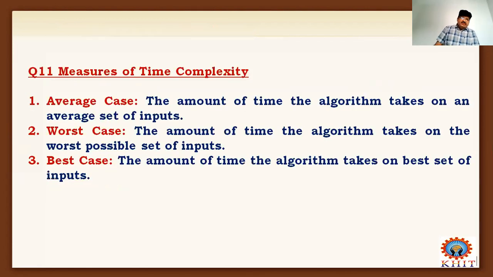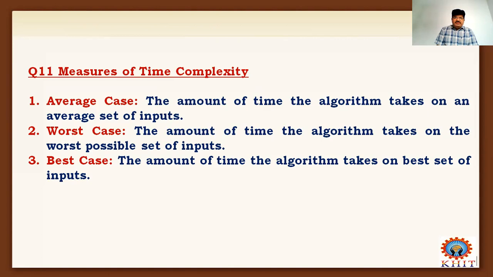While measuring the performance of an algorithm, let us discuss what is time complexity. Time complexity is the amount of time required for executing and compiling a task, known as the time complexity of an algorithm.